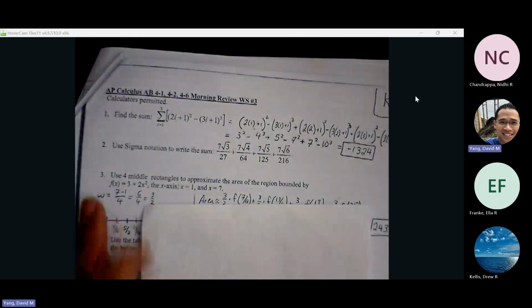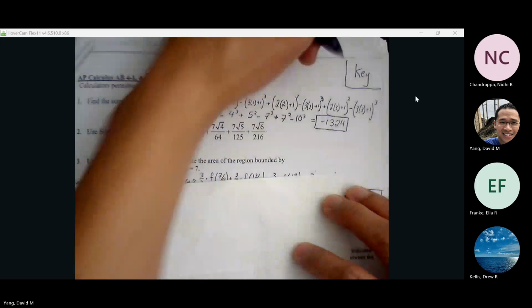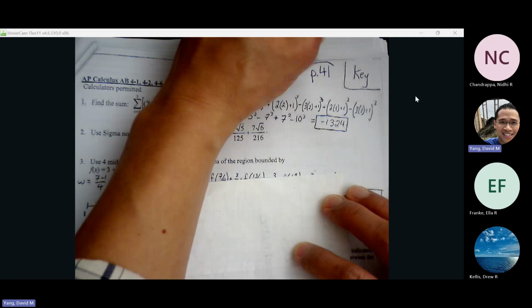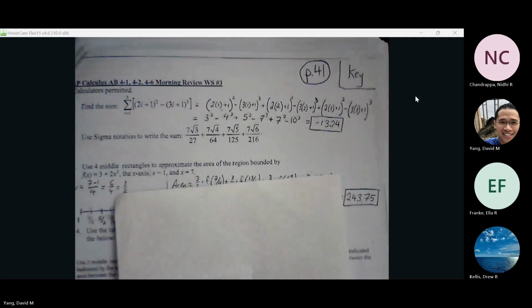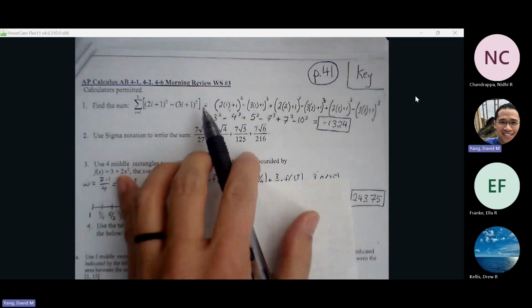Okay, so number 1. This is page 41. So number 1, we're just finding the sum.